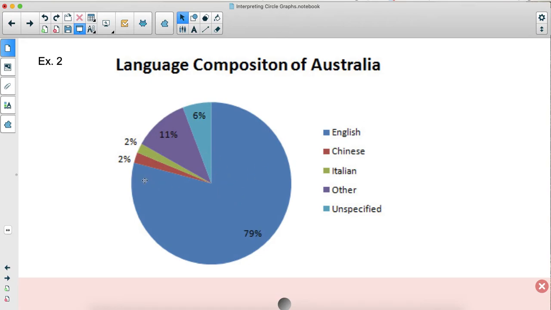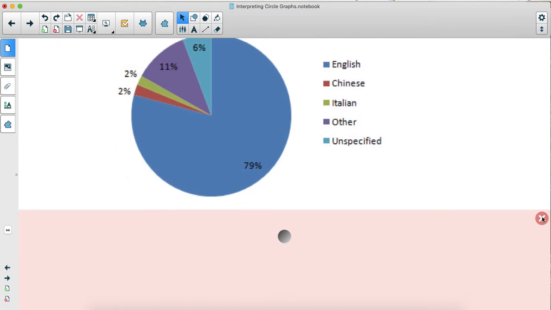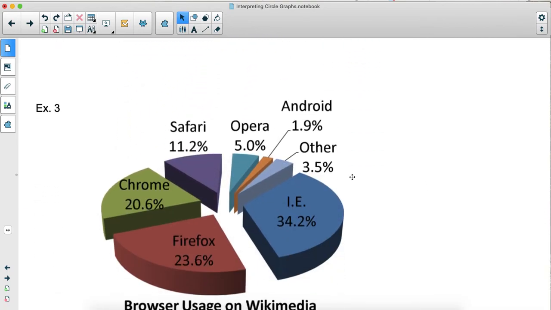If we look over at the red, Chinese language, only 2%. It's made up of Chinese. Again, the Italian is only 2%, and other languages, 11%, and then 6% is unspecified. So that does give us some good information there. Again, if we didn't have the percentages, we generally have an idea, but the percentages give it to us more precisely.